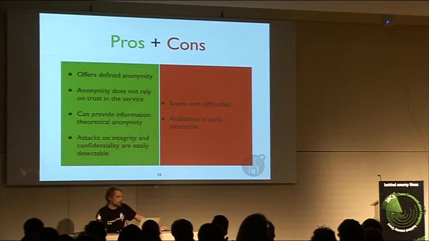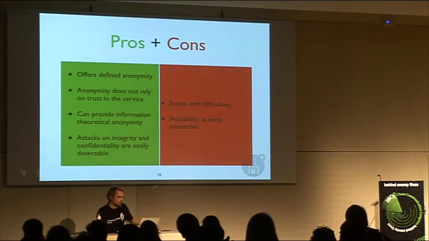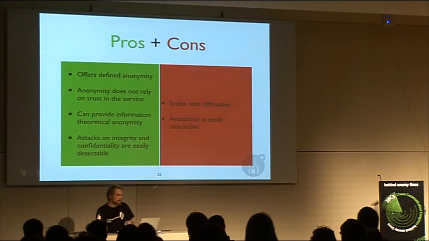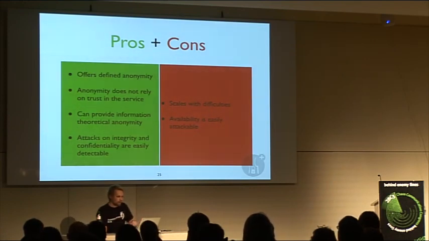And attacks on integrity and confidentiality are easily detectable. Of course, I have to mention the cons. It scales with difficulties, and the availability is easily attackable. But if you want to have anonymous communication, sometimes the availability can be put behind the quality of anonymity.